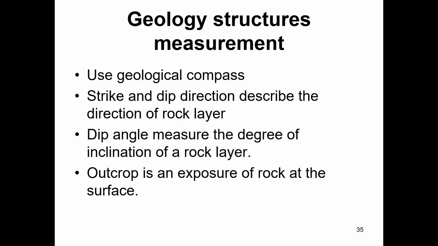So now we are talking about geological structure. How do we measure the geological structure? Normally we use a compass. Then we measure strike, dip direction, and dip angle. As we discussed in lab number 2, we have to find this data.